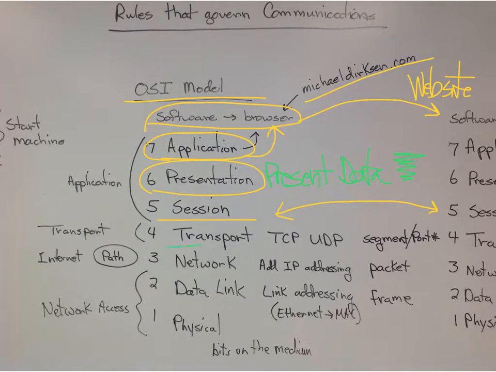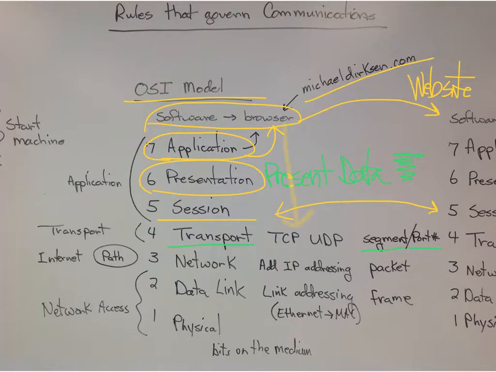Transport layer. We create segments with port numbers. We take the data that has moved down through here coming from our browser.